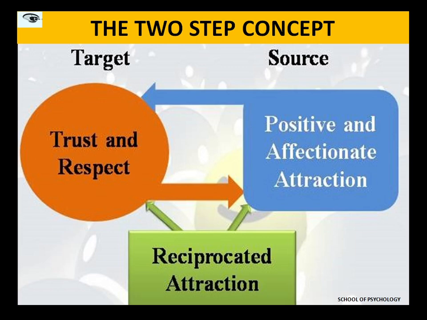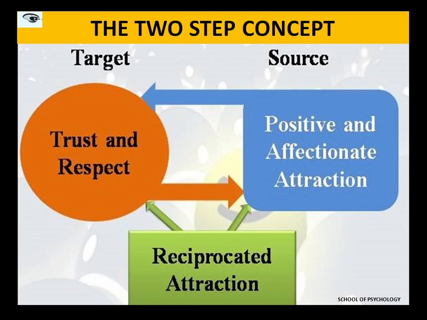The source, we know, is that person whose impact or influence is going to bring about that shift or change in the attitude. Now, the target definitely is going to have a lot of liking, a lot of regard, a lot of affection, respect, a lot of trust, for the source.